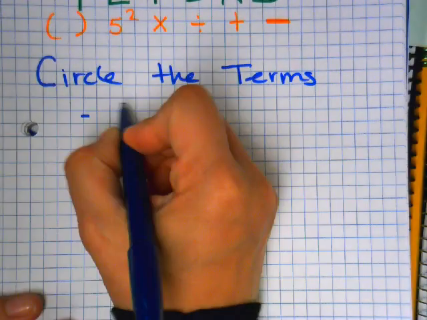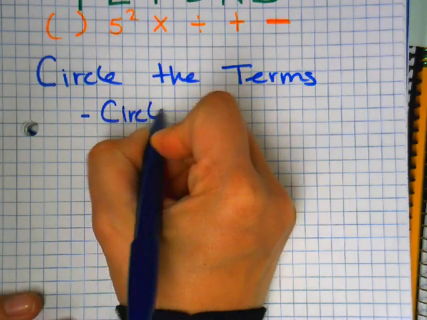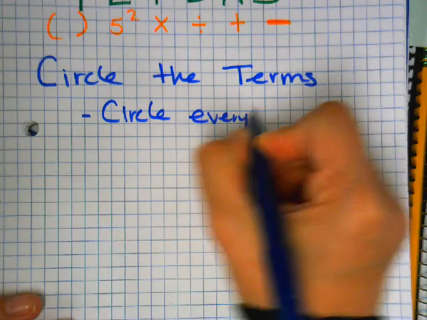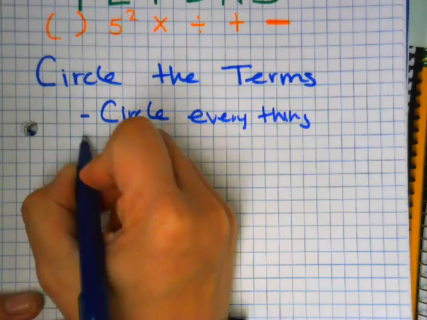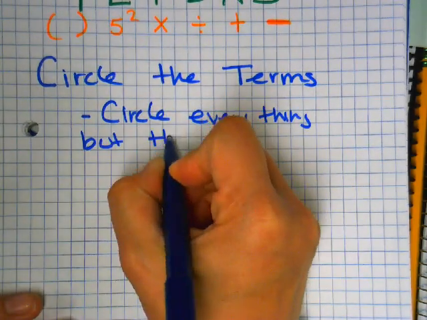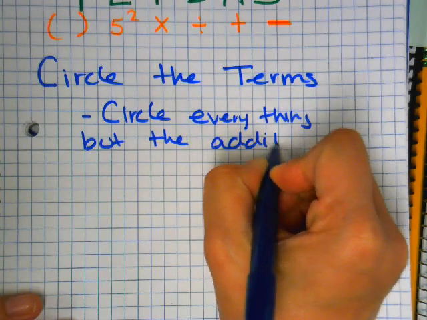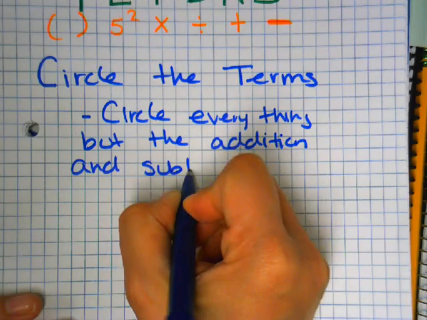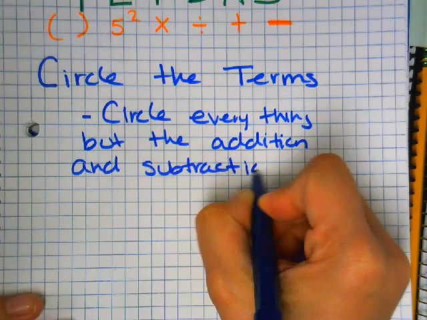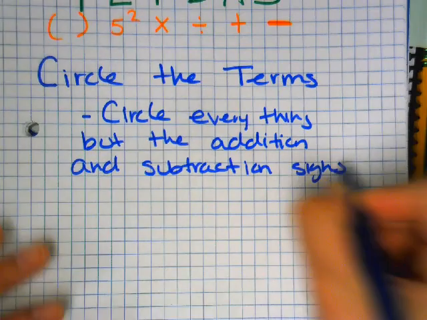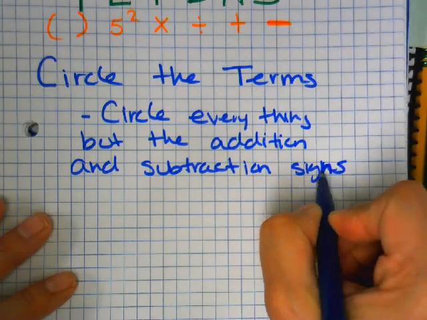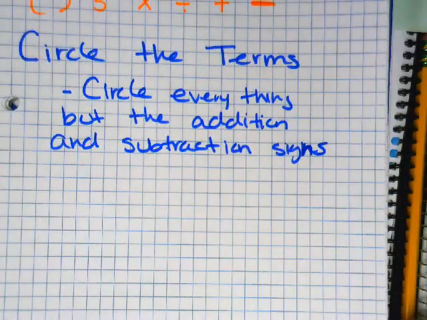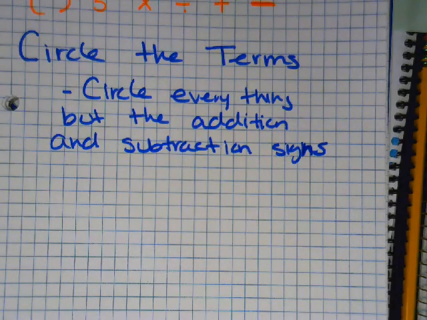So basically you're going to circle everything but the addition and subtraction signs. It's a very similar way of doing order of operations, but it helps you identify the terms.